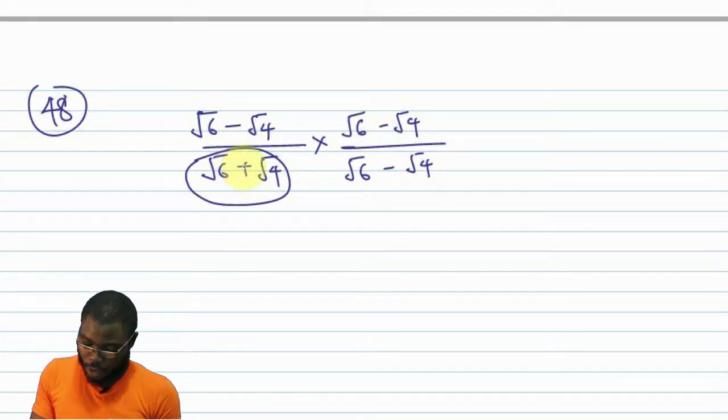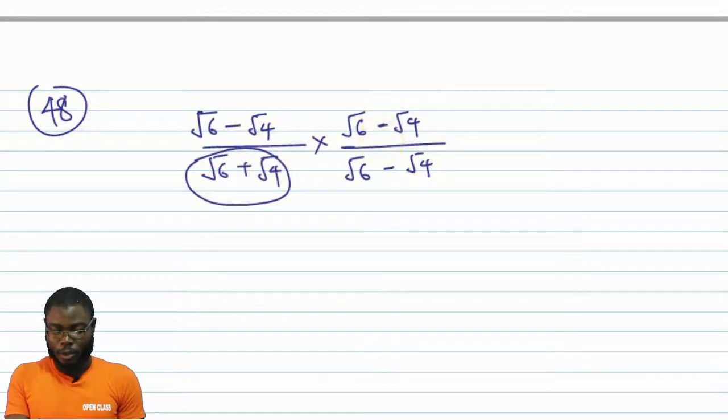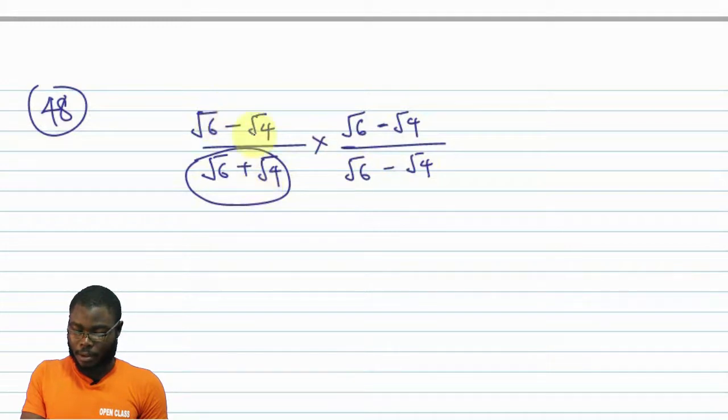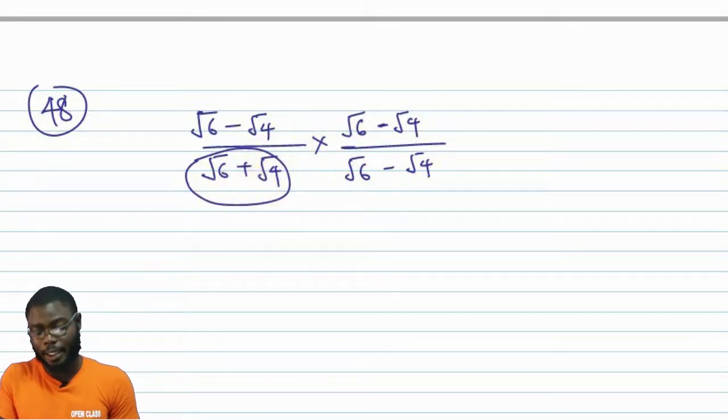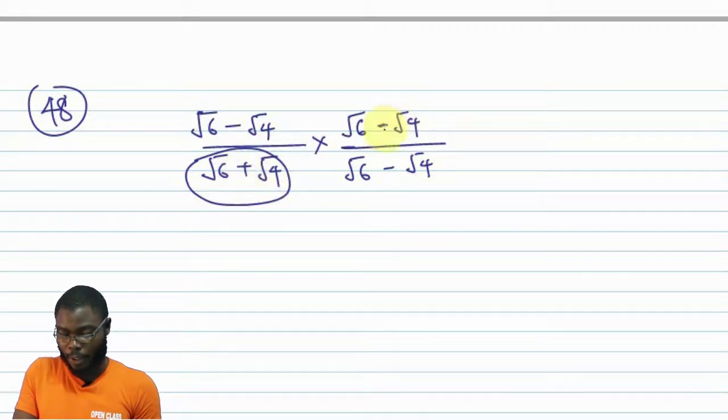If this is plus, this will be minus. If this is minus, this will be plus. It's not like you are multiplying by what you have at the top. It's what you actually have beneath, but you change the sign to the opposite sign.